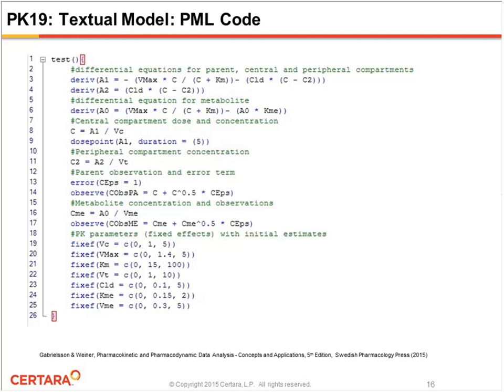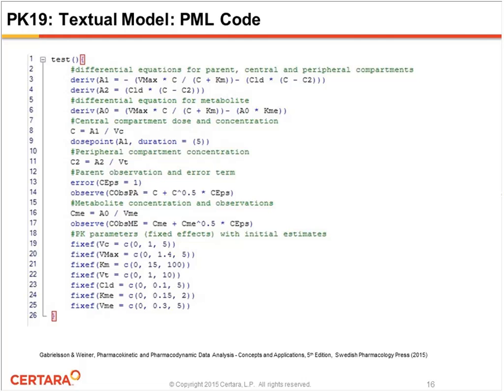Yeah, so that's a good question. Actually in this case, the A1 is used as the parent drug dose. The A0 is the metabolite starting concentration. So the concentration of the metabolite is A0 divided by the volume of distribution for metabolite.